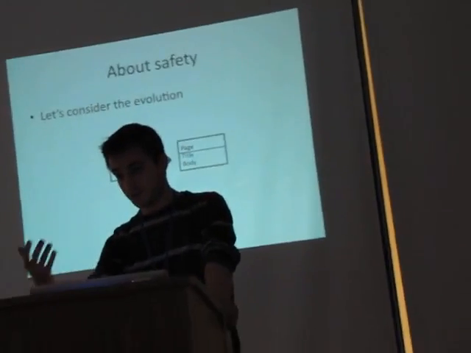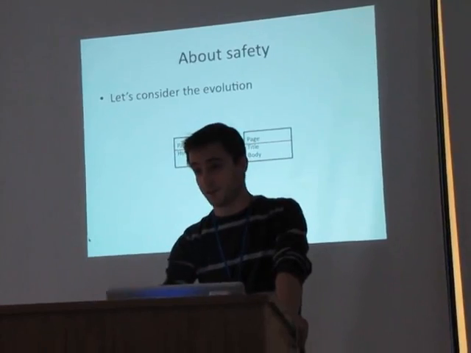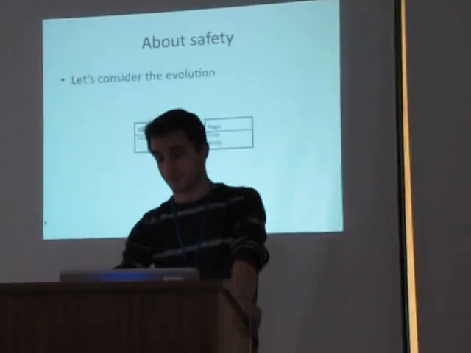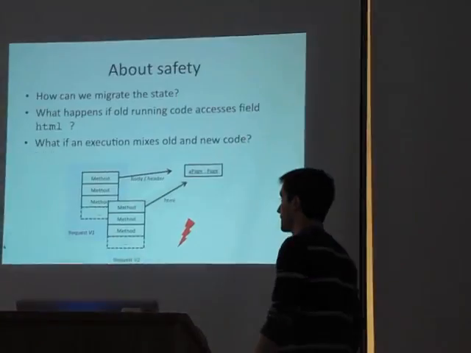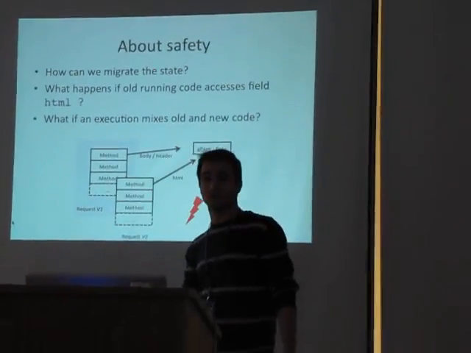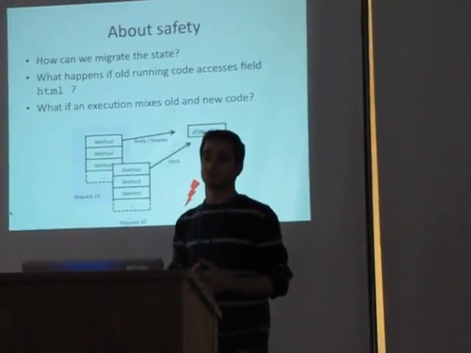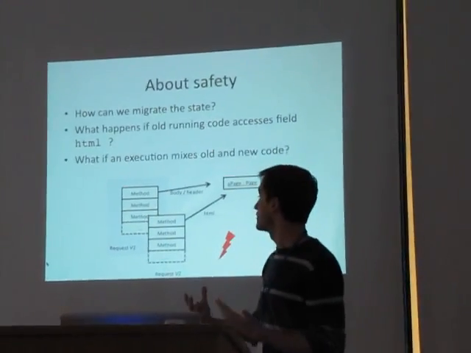And how do you install that on the system live? You want the update not to produce wrong results and so on. So that's about safety. Because if you cannot afford to shut down the system or wait until there is no customer on the website, that means that probably you cannot afford to have failure or something that is completely wrong.